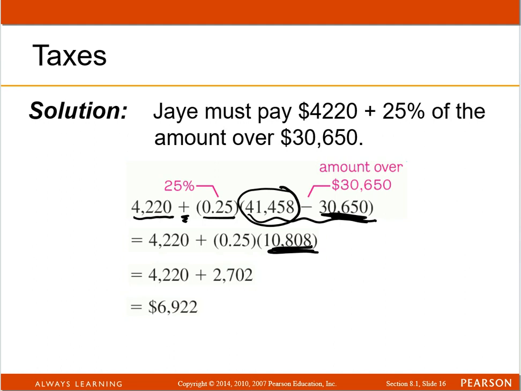So then they have to multiply that times 25%. She has to pay 25% of that $10,808, which means she has to pay an additional $2,702 on top of the $4,220 for being in that tax bracket there. So her total taxes for the year would be $6,920. And that is how that tax table works.